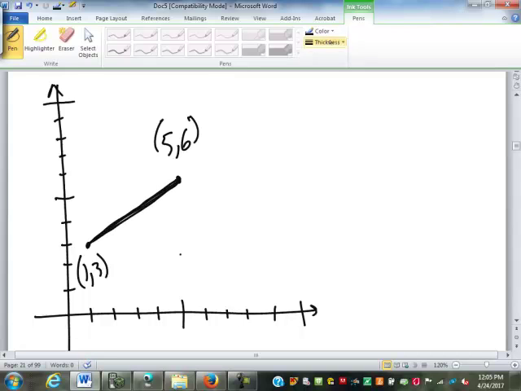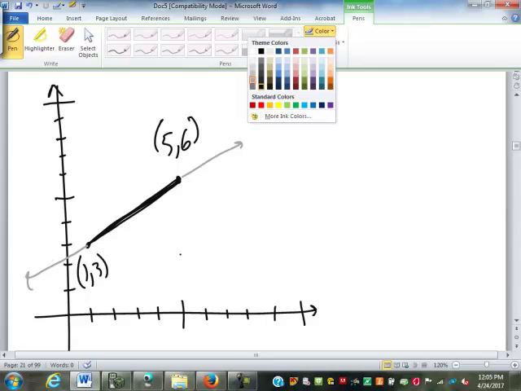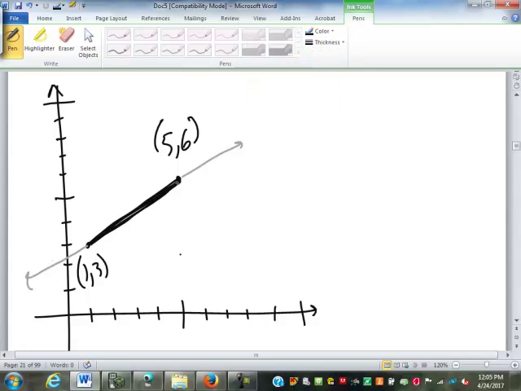And again, that line could extend way past them, but all we're concerned about right now is that section between those 2 points. This big piece here. Now we're not finding slope, but I'm going to draw in that triangle that we would use for slope again.